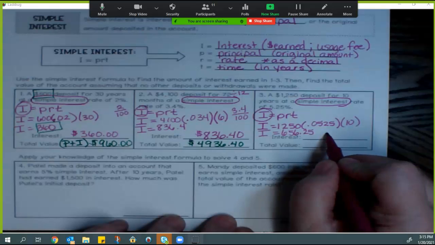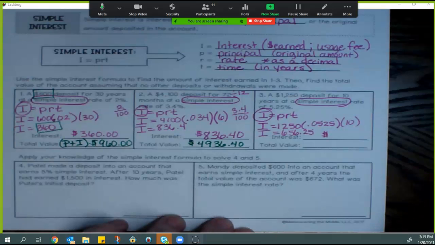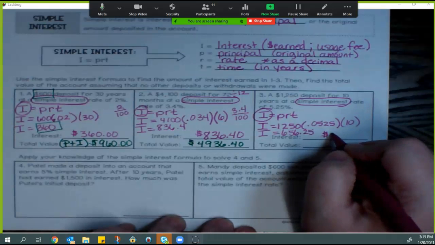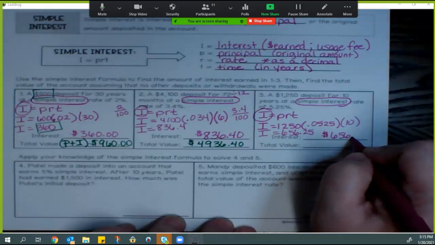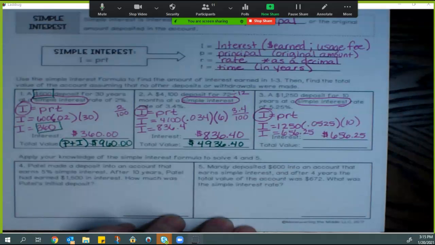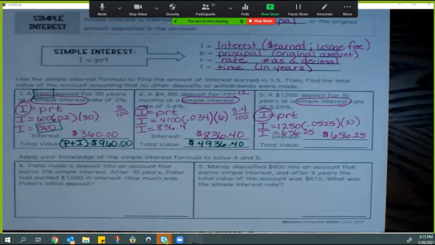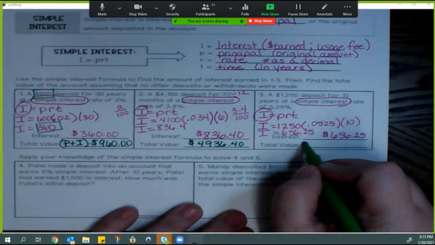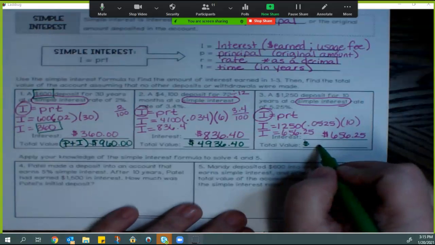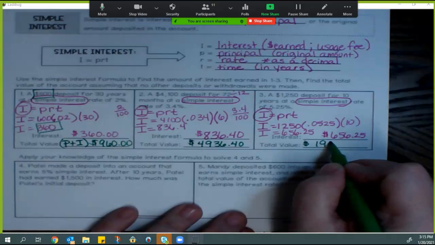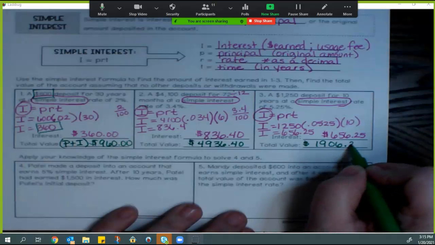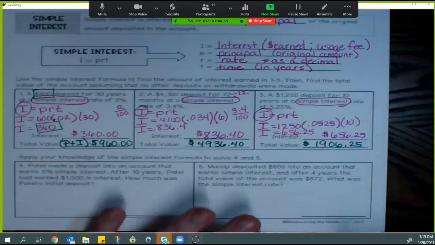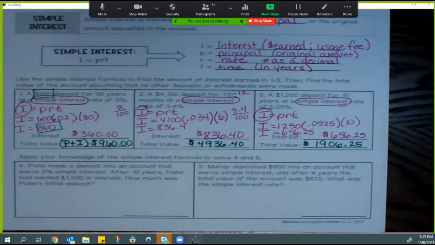Thank you, sir. So in terms of money, we put that dollar sign, $656.25. And after those 10 years, what is the grand total in my account? 1906.25. $1,906.25.